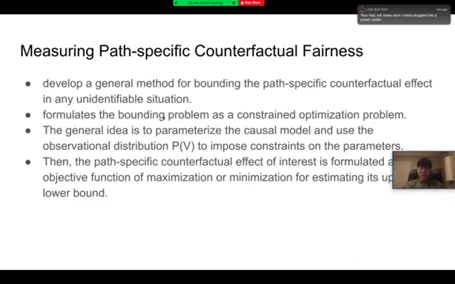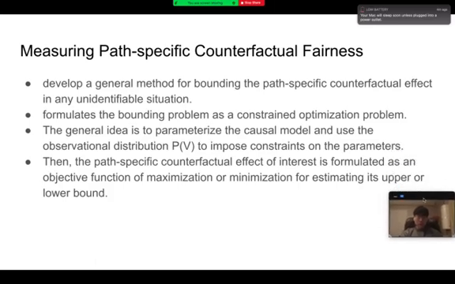And they formulate the bounding problem as a constraint optimization problem. The general idea is to parameterize the causal model and use the observational distribution to impose constraints on the parameters. Then the path-specific counterfactual effect of interest is formulated as an objective function of maximization or minimization for estimating its upper or lower bound.